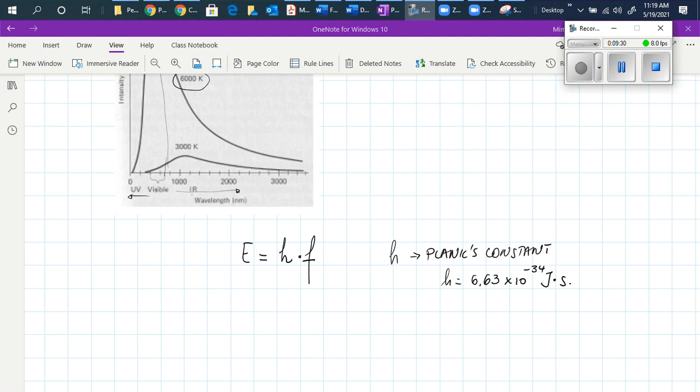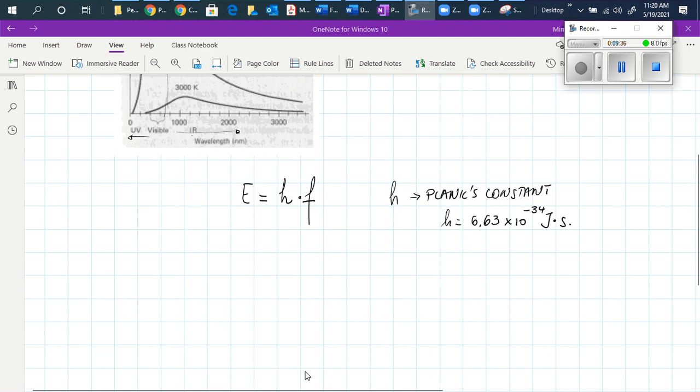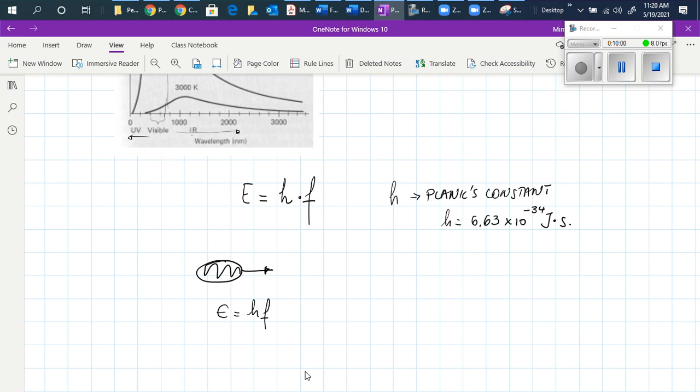Now, another thing that Planck represented is that light is composed of tiny bundles of energy, and each of those is a photon, because photon is from the Greek word for light. Each of those energies is calculated as hf.